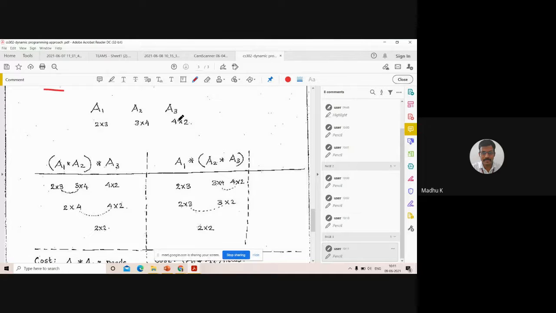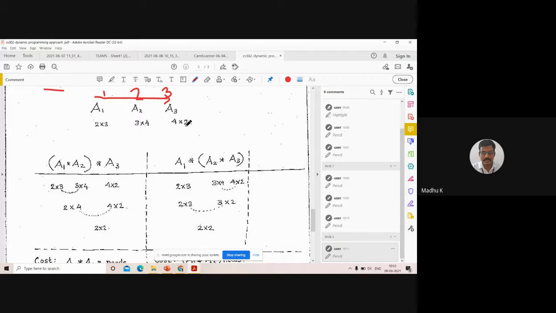So in how many ways can we multiply it? This is the sequence: a1, a2, a3. In this sequence, how many ways can I perform multiplication?